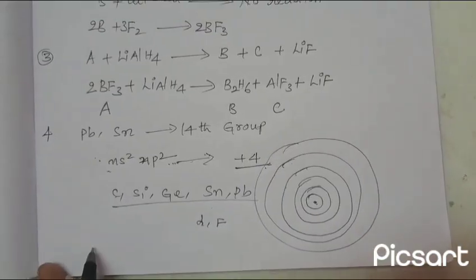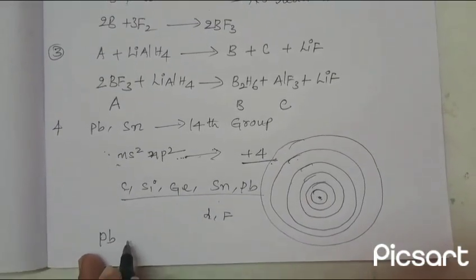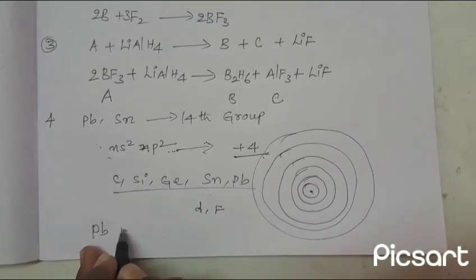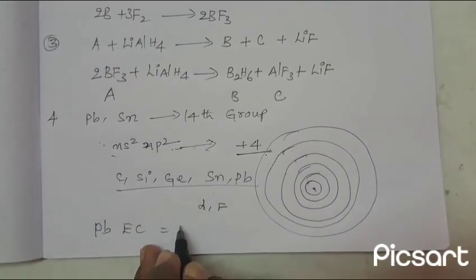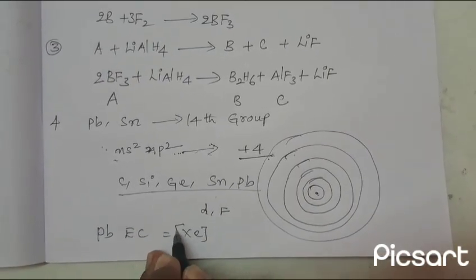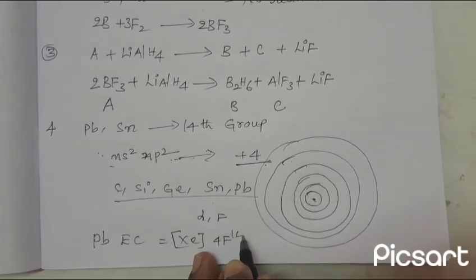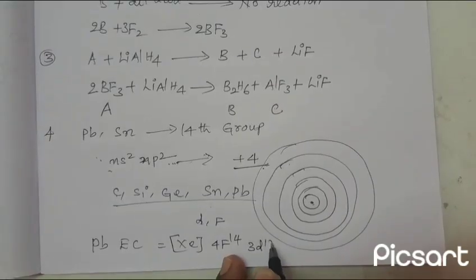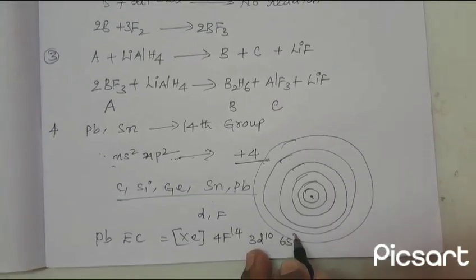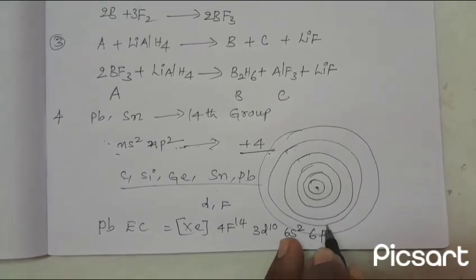The general outermost electronic configuration for lead is Xe 4f14 5d10 6s2 6p2.